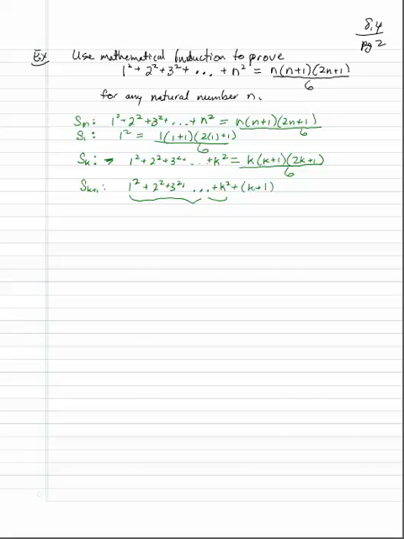So k plus 1 squared equals k plus 1, k plus 1 plus 1, and then 2 times k plus 1 plus 1 all over 6.